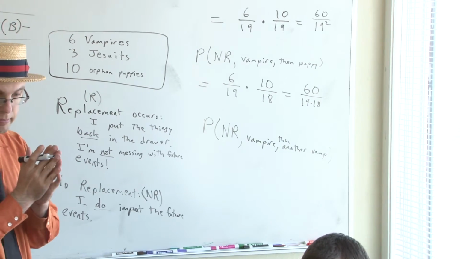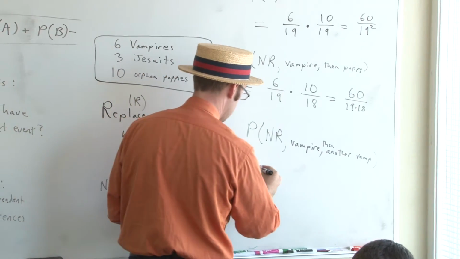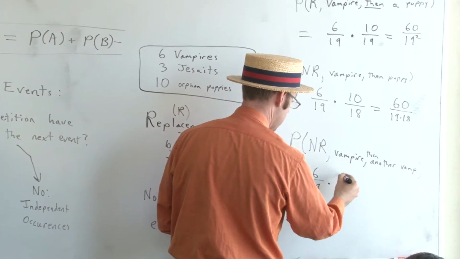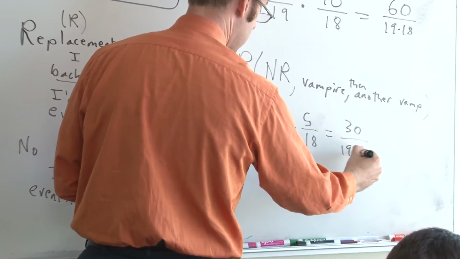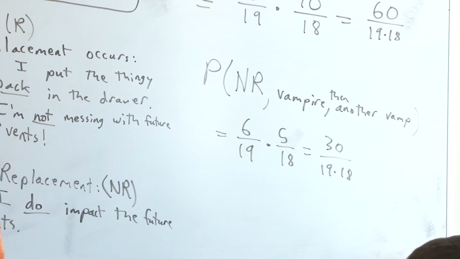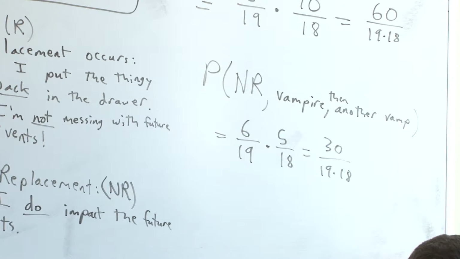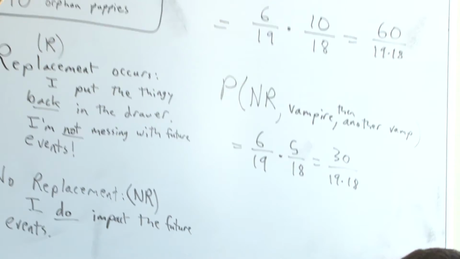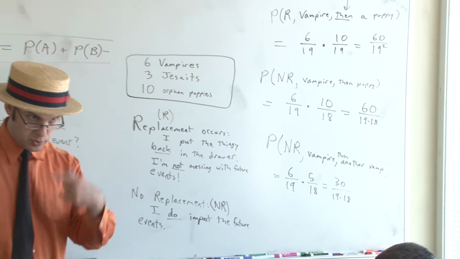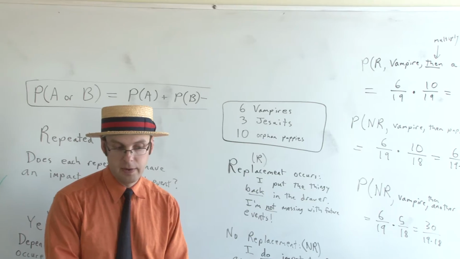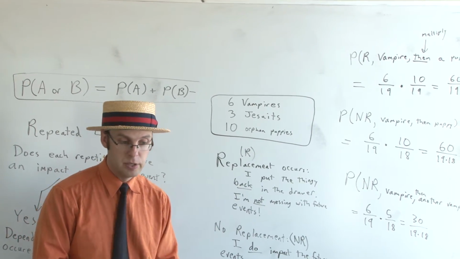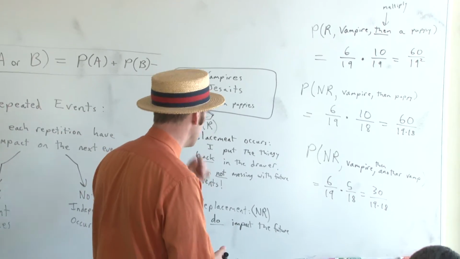It would be 6 over 19 times 5 over 18. Exactly. So just keep in mind for those non-replacement events, if I'm bringing the same thing out, I will keep bringing that top number down too.